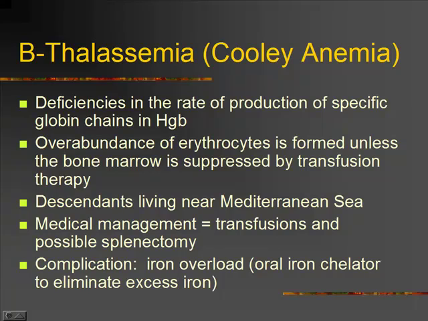Because they're making and breaking down all this hemoglobin really quickly, they end up with a lot of iron in their blood. And so there is an iron chelator. Remember, we did chelation for lead. There's also medication for iron to pull the excess iron out of the blood.